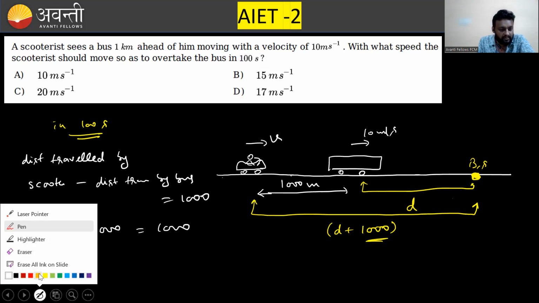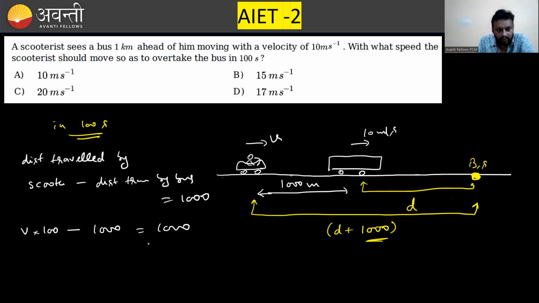Now you can simplify it. This will become 2000. So v into 100 is equal to 2000. You can cancel out these two zeros. So velocity is 20 meter per second.